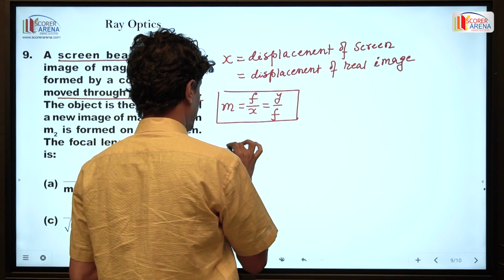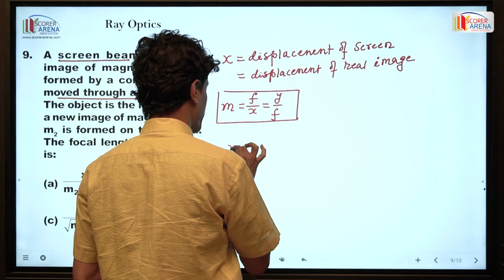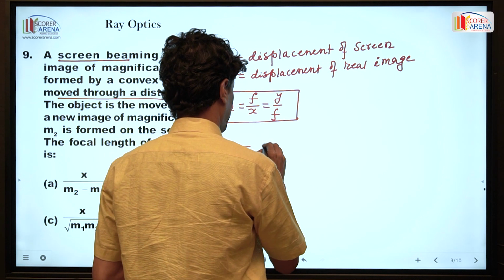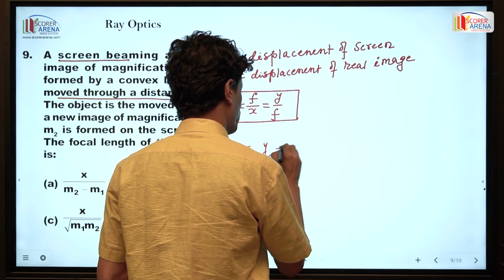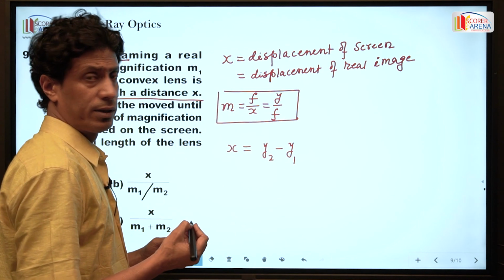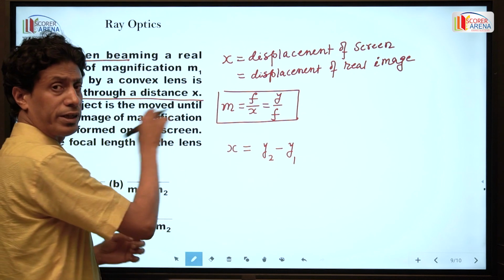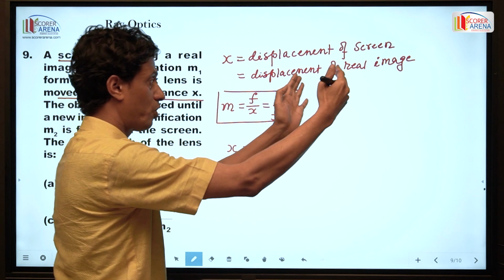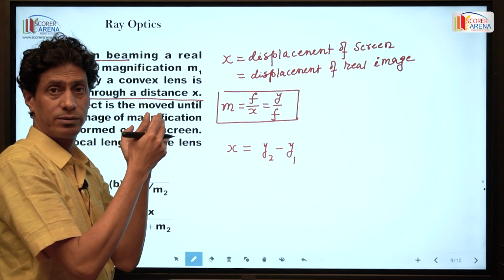Therefore we can say x is the displacement, let us say it is y2 minus y1. There is no indication in this problem whether the screen is moved away from the lens or towards the lens.